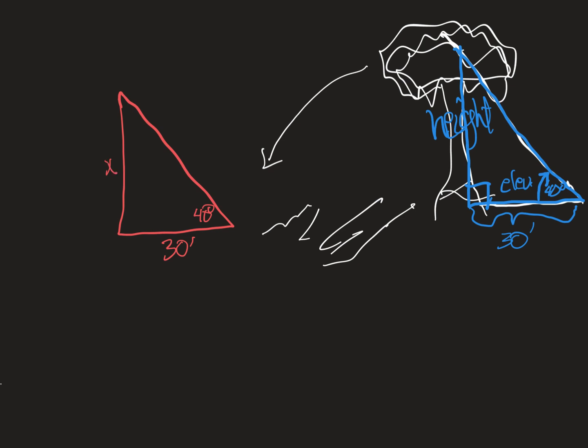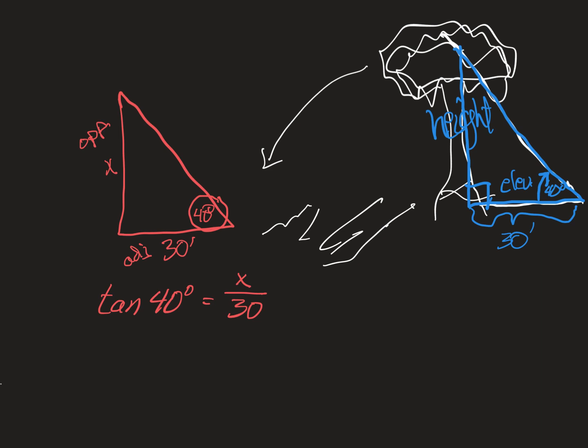And so, since I know this angle, then this side is the opposite, and this side is the adjacent. So which ratio am I going to use? I am going to use the ratio tangent. So I take the tangent of 40 degrees, and that is equal to the opposite side over the adjacent side.